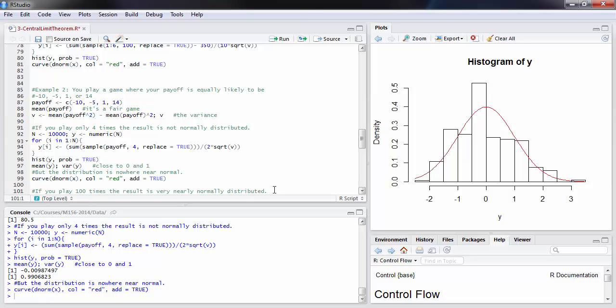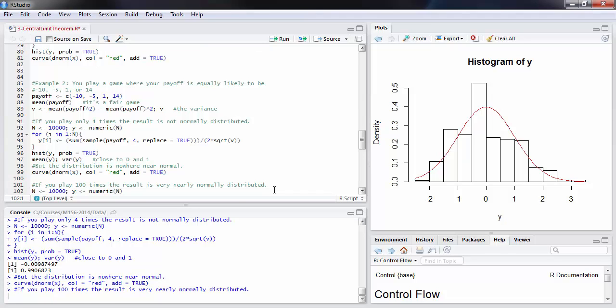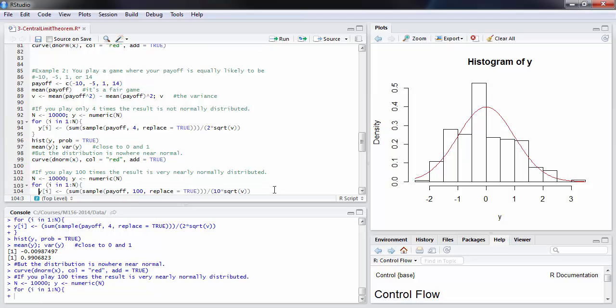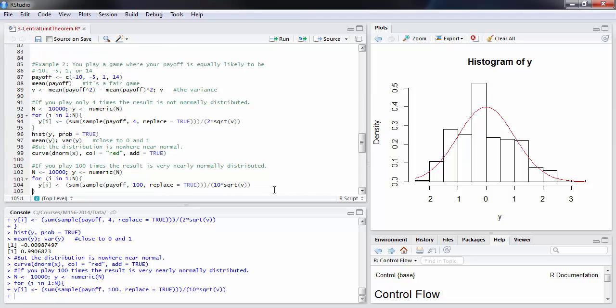However, if instead of playing 4 times I play 100 times, the result will be very nearly normally distributed. So let's repeat with one small change. The one small change is I'm now adding together 100 samples, and to make the variance of the sum get reduced to 1, I divide by the square root of 100, 10 times the square root of v.